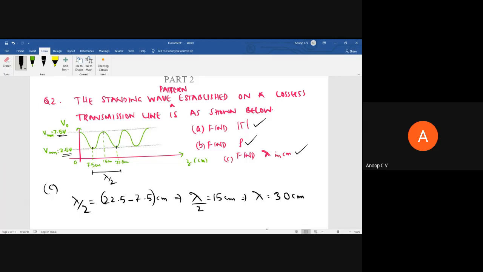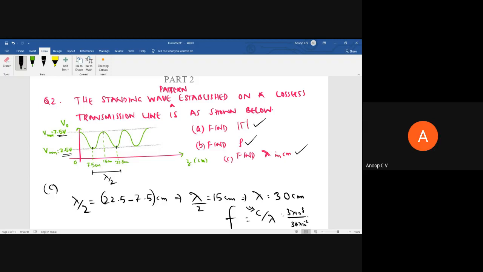And if you are asked to find f, f is equal to c by lambda, right? Unless otherwise specified, you can assume c to be equal to 3 into 10 power 8. If the medium has a specified velocity, then you can use that. So that will be 3 into 10 power 8 divided by 30 into 10 power minus 2, since it is in centimeter.